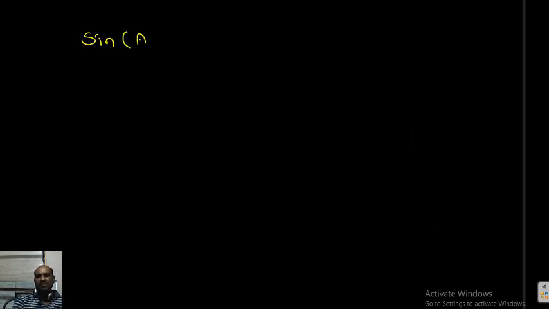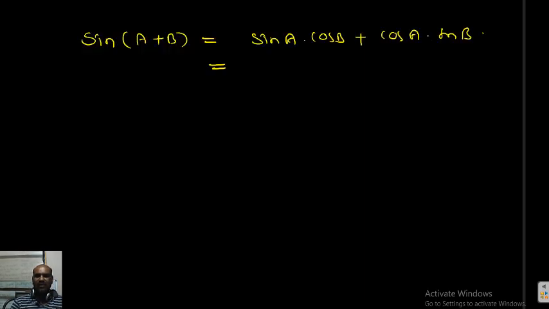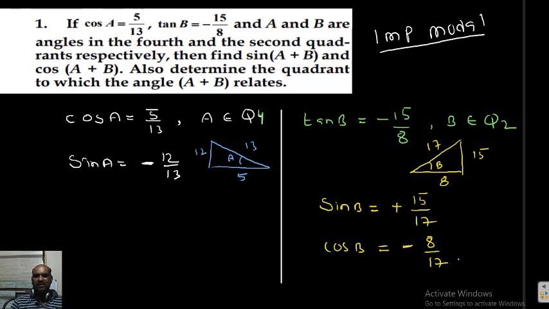Sin of A plus B equals sin A cos B plus cos A sin B. Sin A value, where is that? Sin A is minus 12 by 13, into cos B. Where is that?